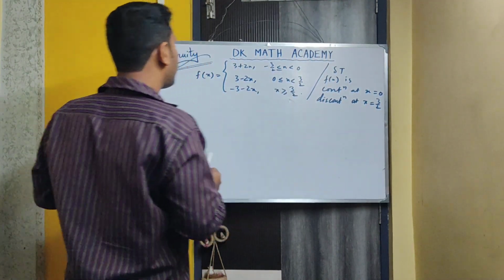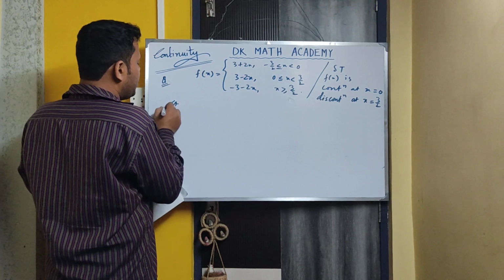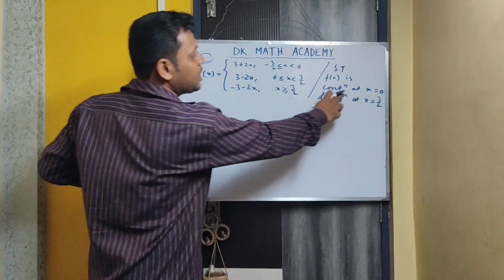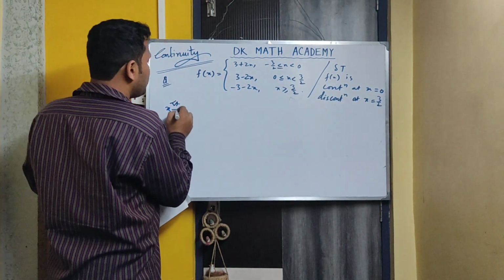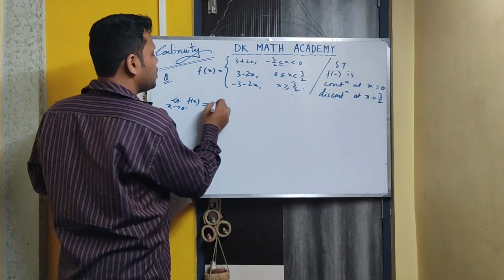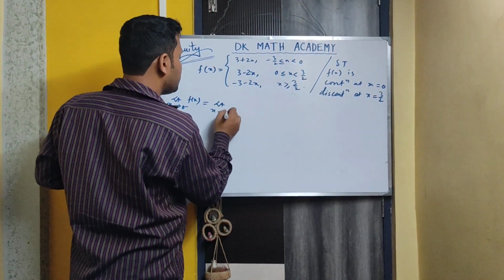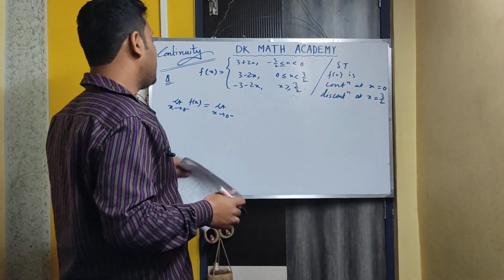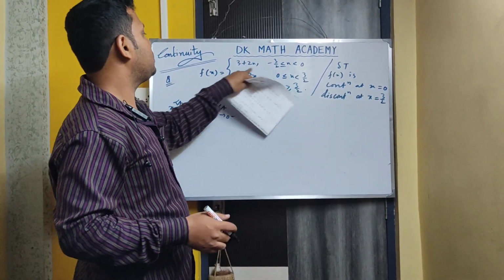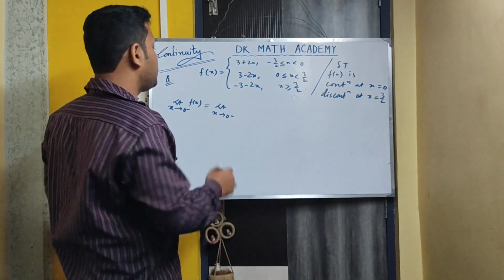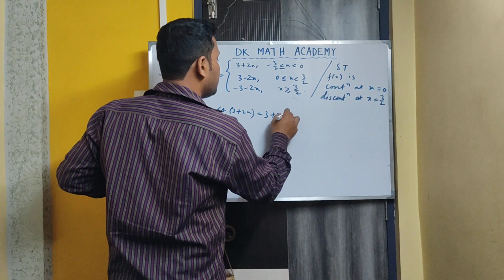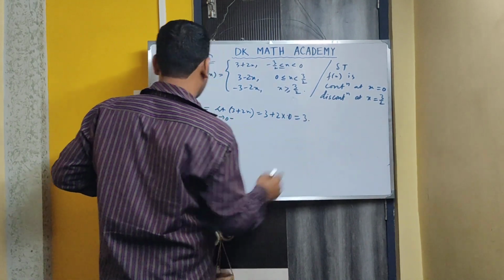Here, for the first part, to check continuity at the point x equals 0, we see the left limit, x tends to 0 minus. At the left of 0, the function is 3 plus 2x, so this is 3 plus 2 into 0, this is 3.